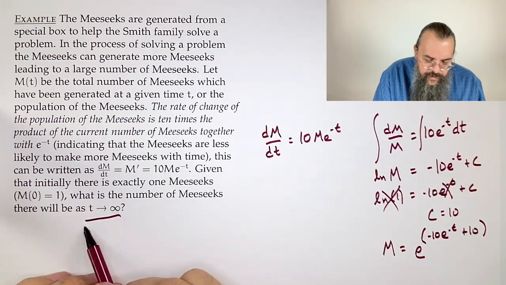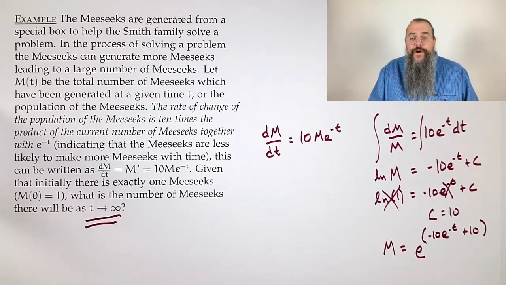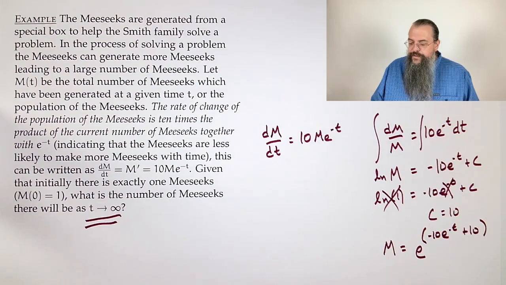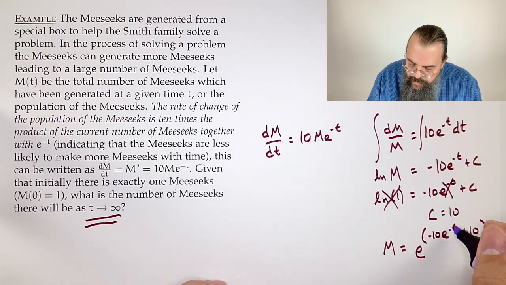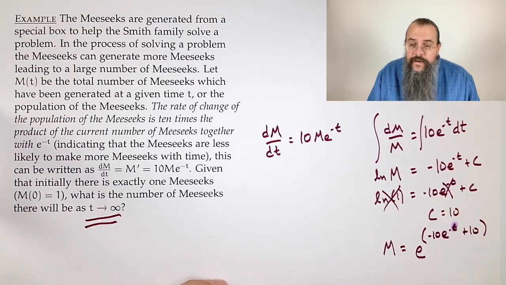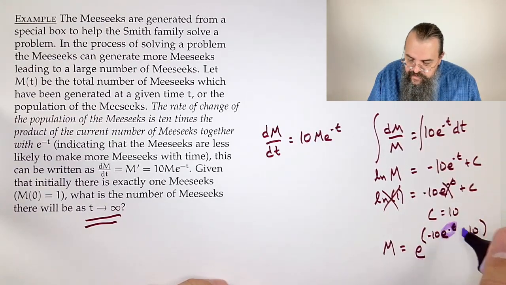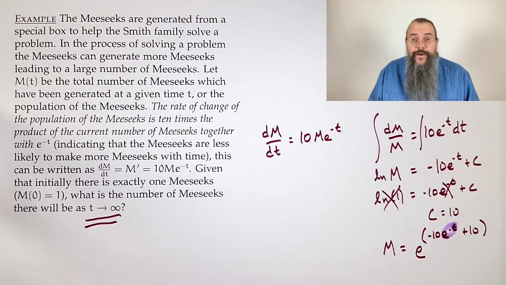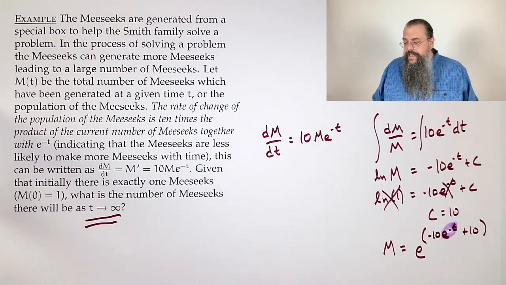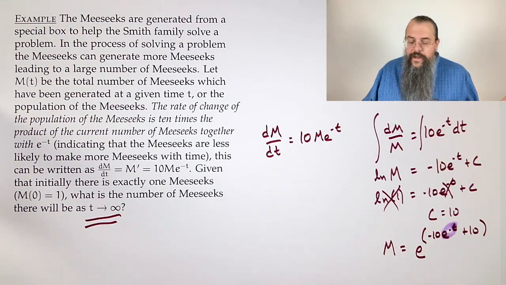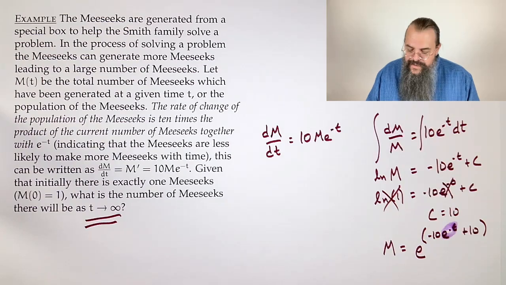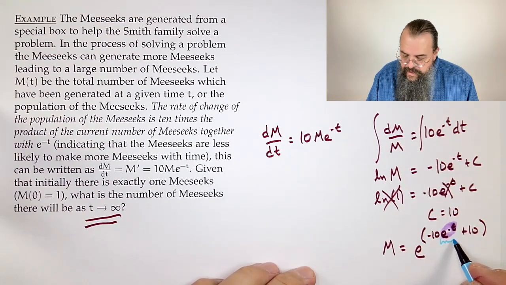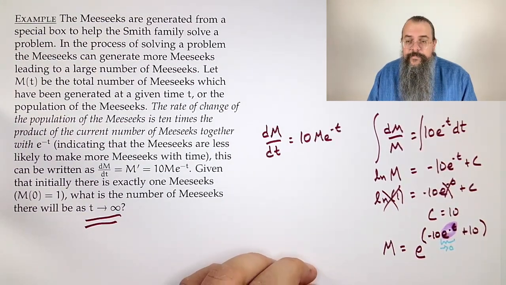So we say, okay, time marches on. Time goes to infinity. So we say, look, time only shows up in one place right there, and that's e to the minus that. Well, what's that going to do? E to the minus a large number is doing what? It's going to a very small number. So this part is going towards 0.